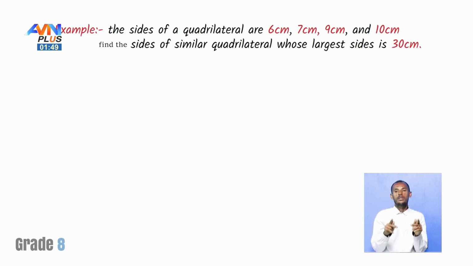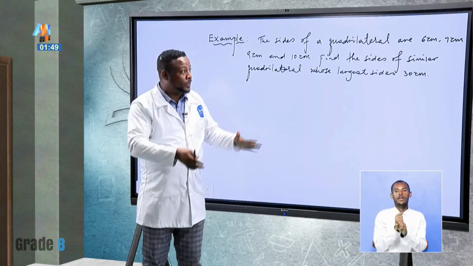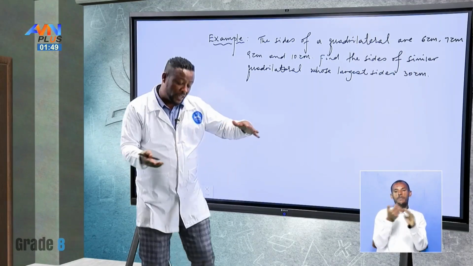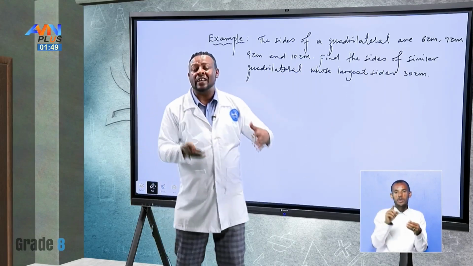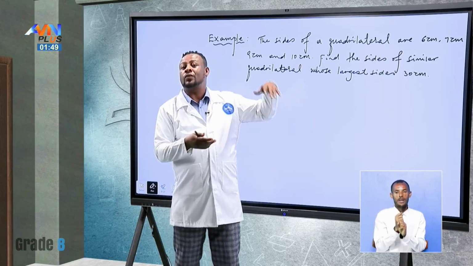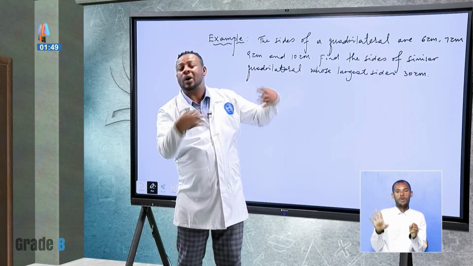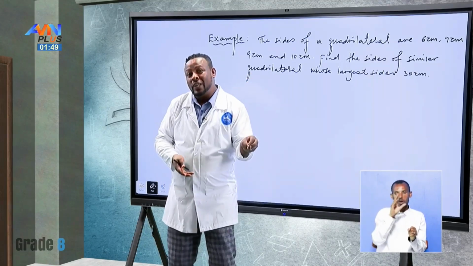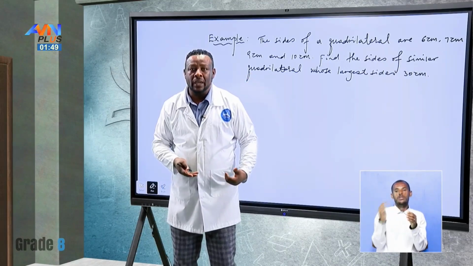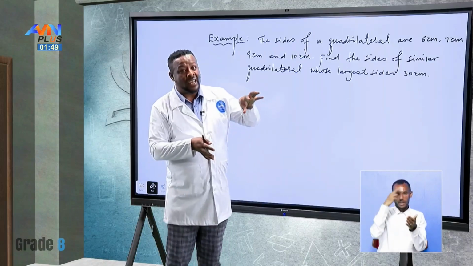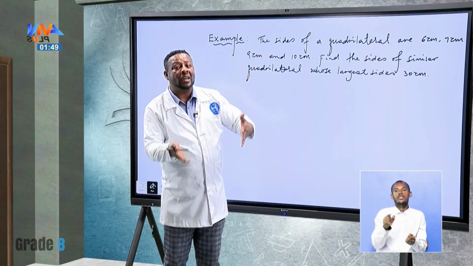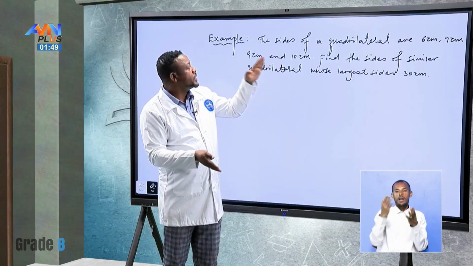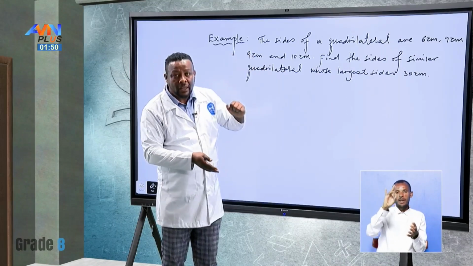Just to remind you what we did in the previous example. In the previous example, a certain quadrilateral was given and you were asked to find the sides of an unknown quadrilateral whose smallest side was given. Okay? In this case, the question is a little bit changed. There is a certain known quadrilateral whose sides are 6, 7, 9, and 10.